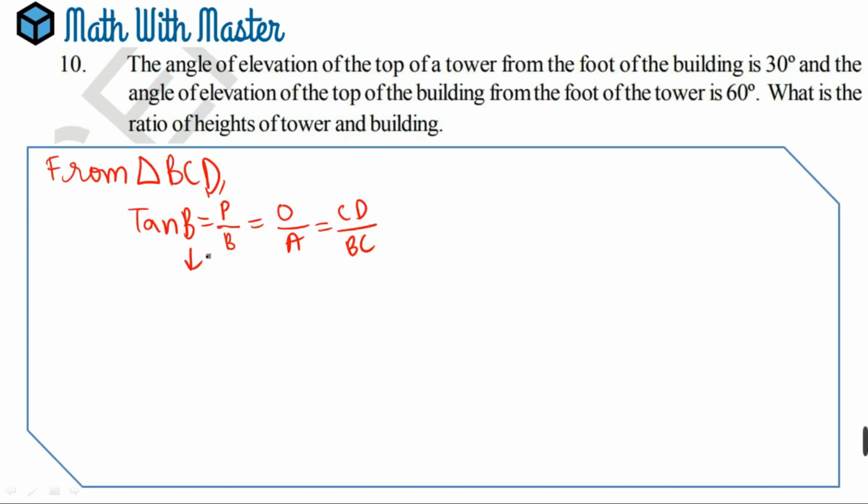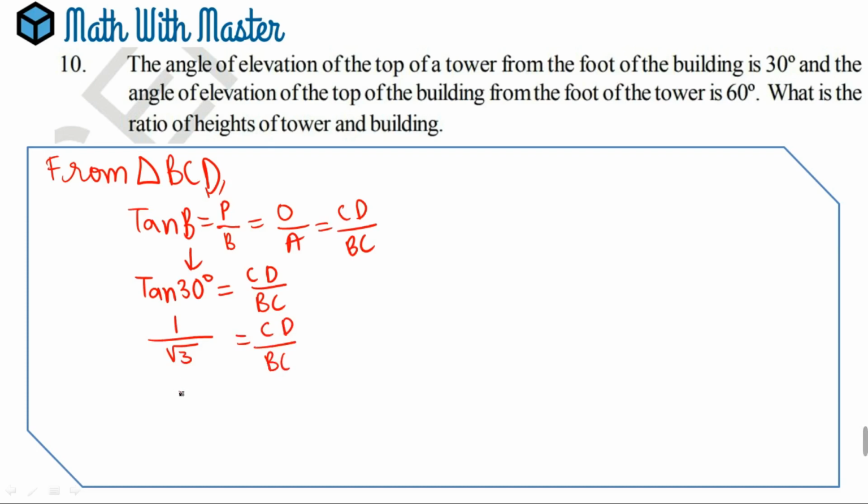So instead of angle B I can write 30 degrees because it is equivalent to it. So tan 30 degrees is equals to CD upon BC, and then tan 30 degrees is equals to 1 upon root 3, which is equals to CD upon BC.